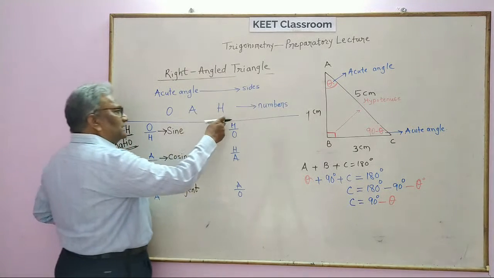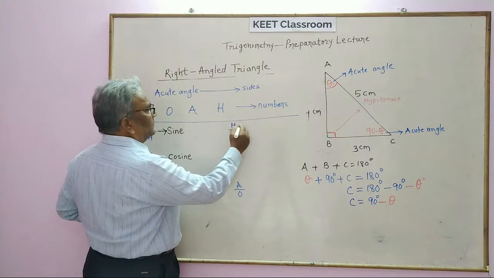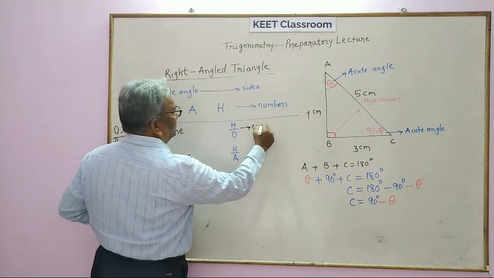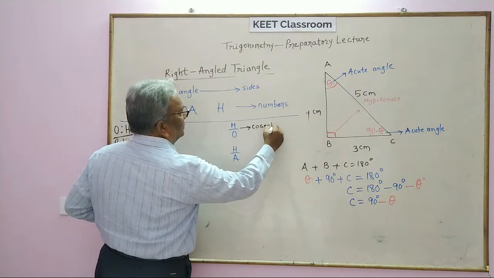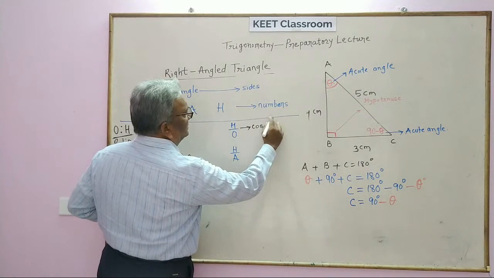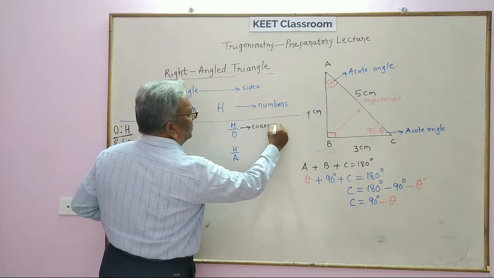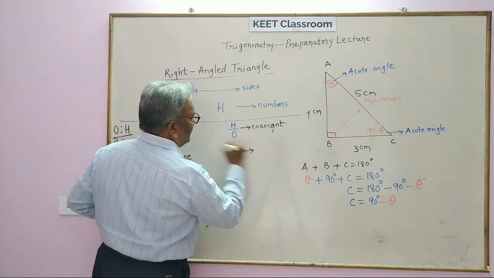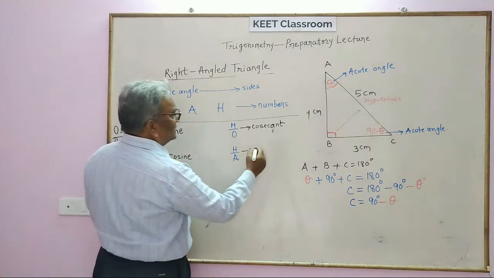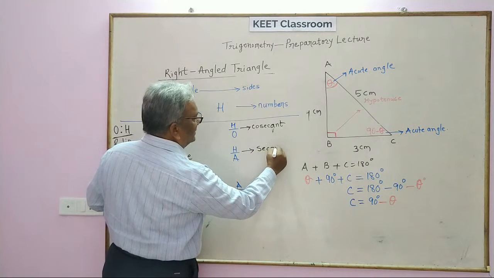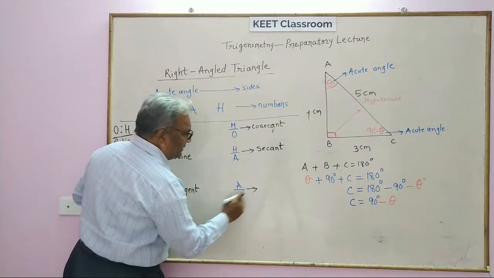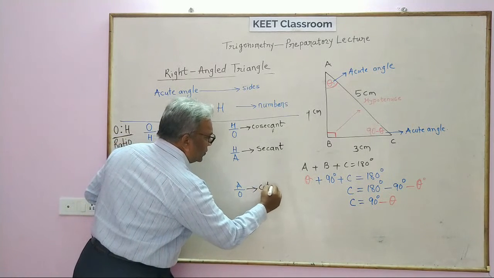Then if it is hypotenuse upon opposite, it is called as cosecant. If it is hypotenuse upon adjacent, it is secant, and if it is adjacent upon opposite, it is called as cotangent.